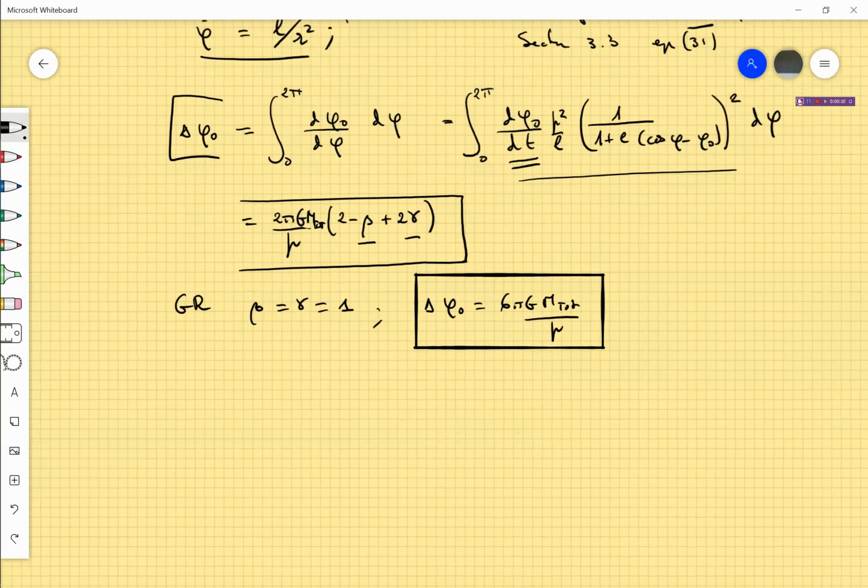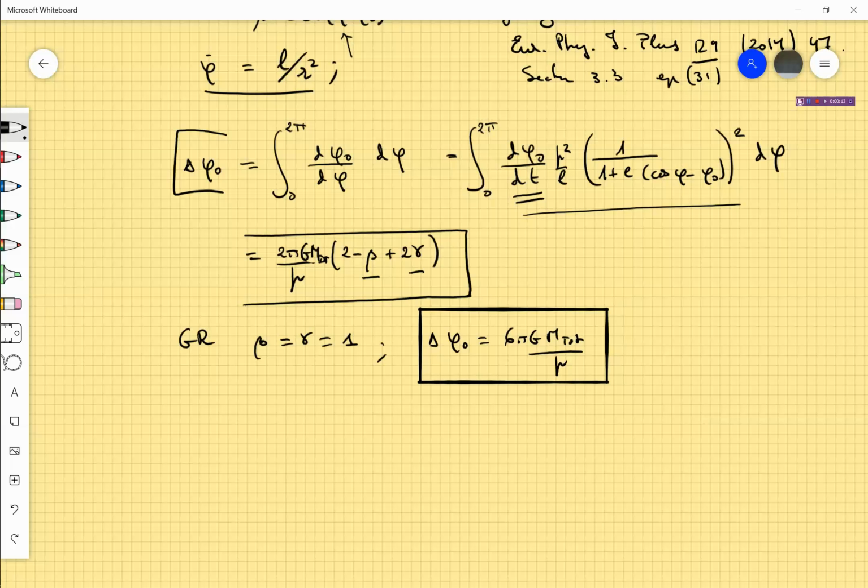Now the idea is that instead of just comparing with this prediction of GR, you would compare the experimental results with this more general expression, and the experimental results will give you constraints on this combination of beta and gamma.